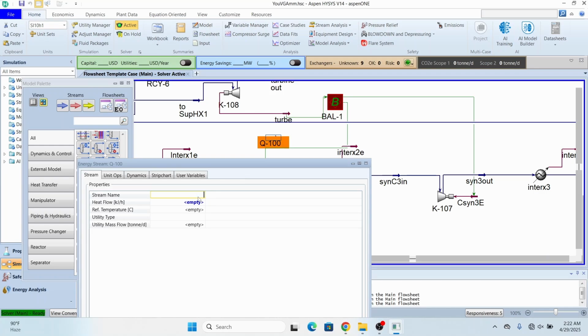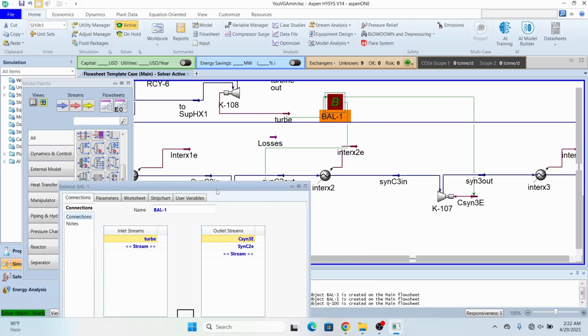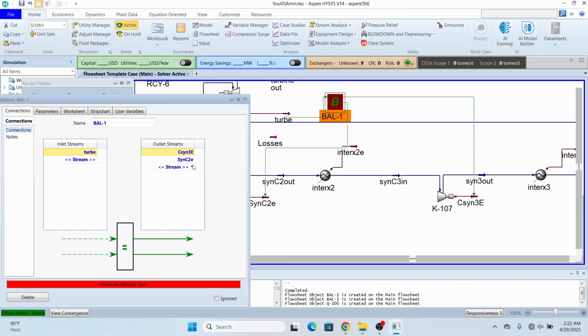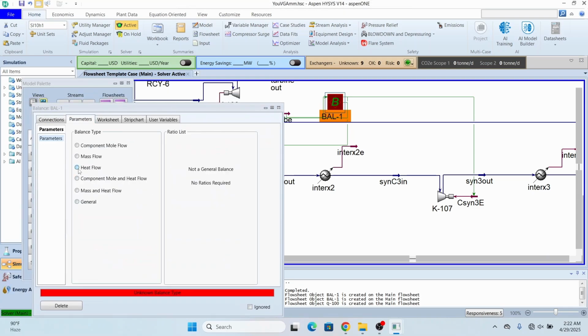Just rename this stream to losses energy stream, and here I can select this losses stream. Now it says unknown balance type. Go to parameters and select flow, and then you can see that this balance has been solved.